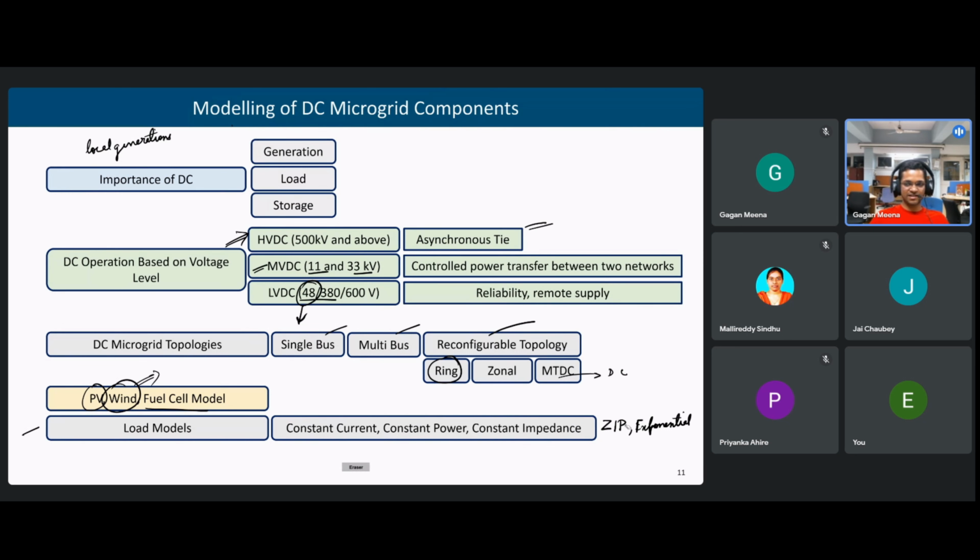ZIP is impedance, current, and power, so a fraction of these three: for example, 20% this, 40% this, 40% this. Because different loads may not fall into a single category, we have to use some combination of the three.